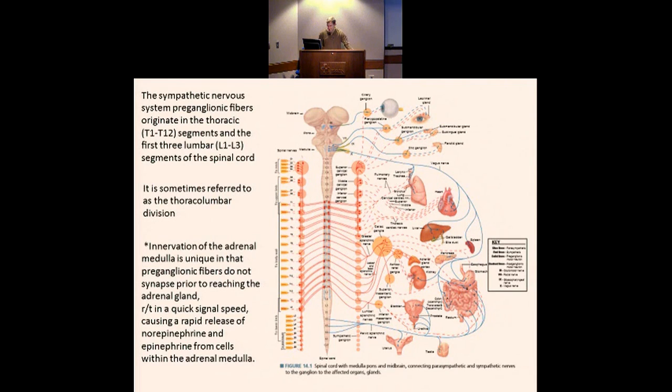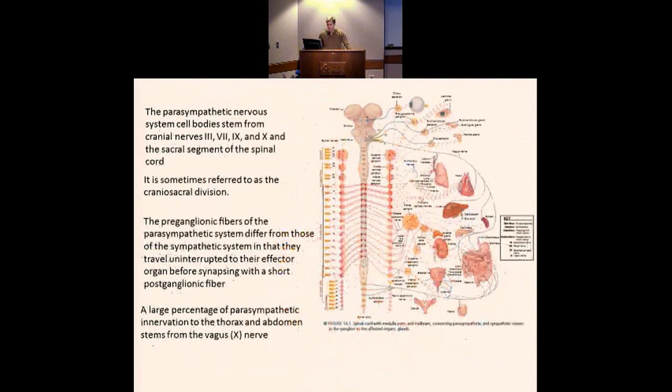You'll see the rest of these have multiple connections to get to the effector organ. Compared to the parasympathetic division, all the connections go very close to the effector organ. So it takes longer for that transmission to get there since it's not as important.